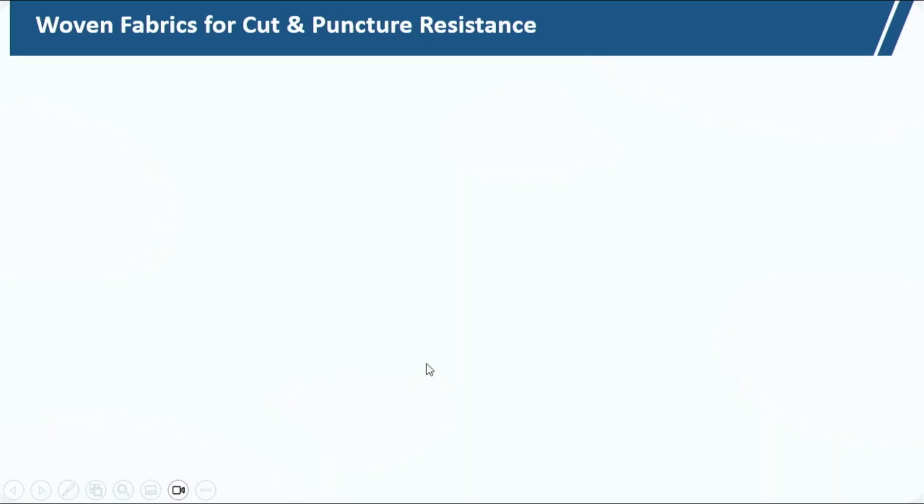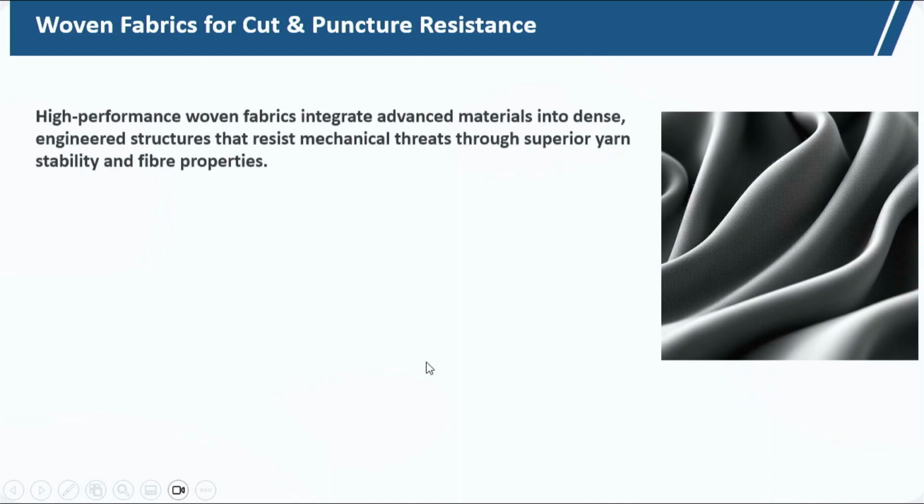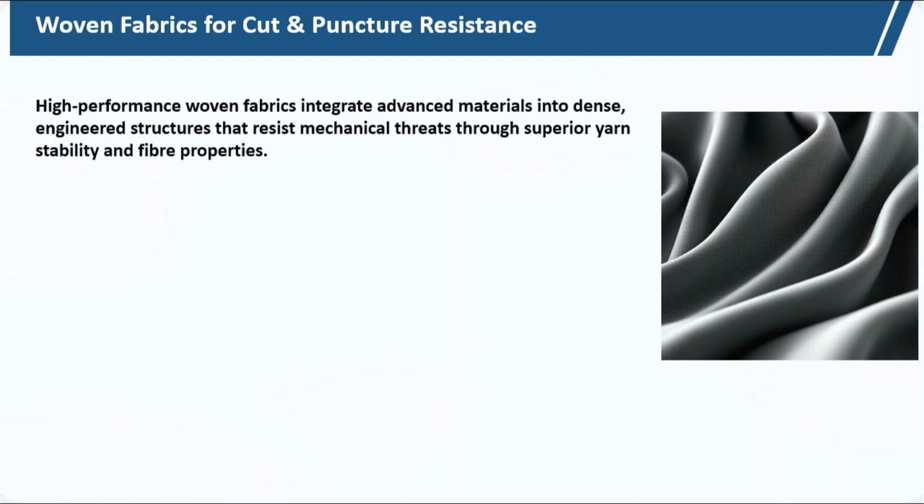Now, woven fabrics for cut and puncture resistance. High performance woven fabrics integrate advanced materials into dense engineered structures that resist mechanical threats. So, we can create woven fabric to protect us from cut and puncture.